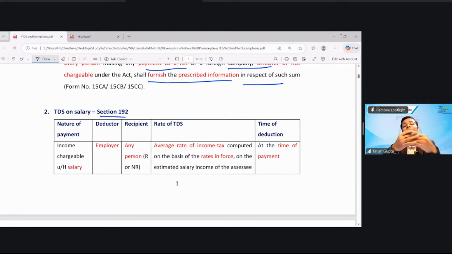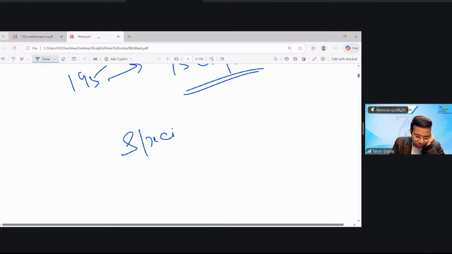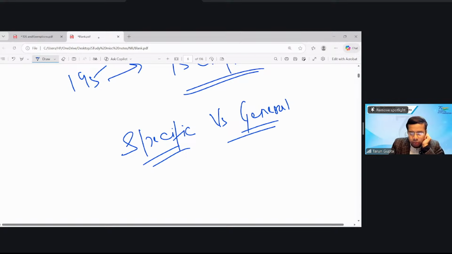Why? Because they are specific. There is a theory of interpretation, specific versus general. Have you heard about it? It is a theory of interpretation of law.